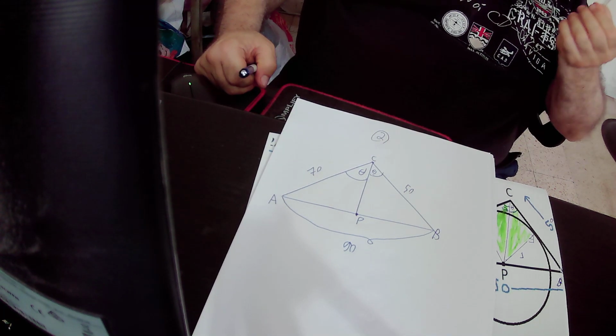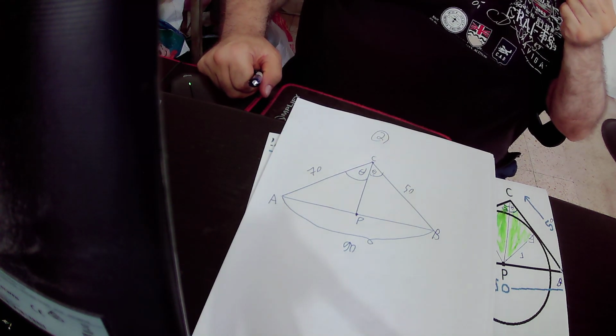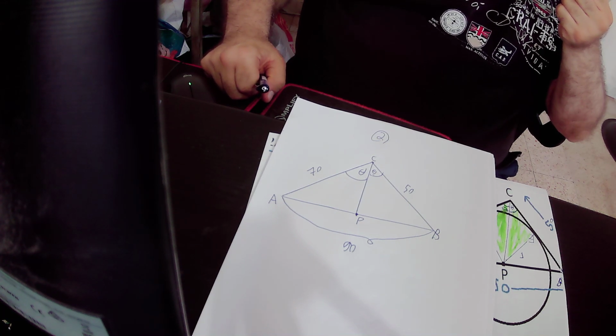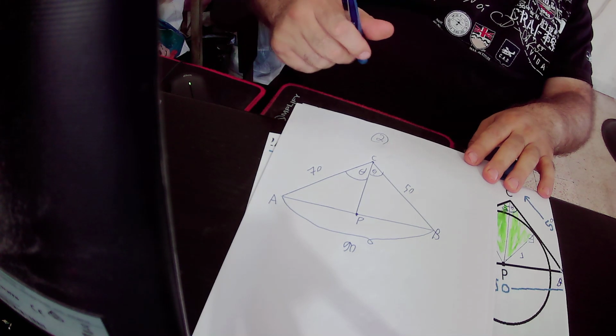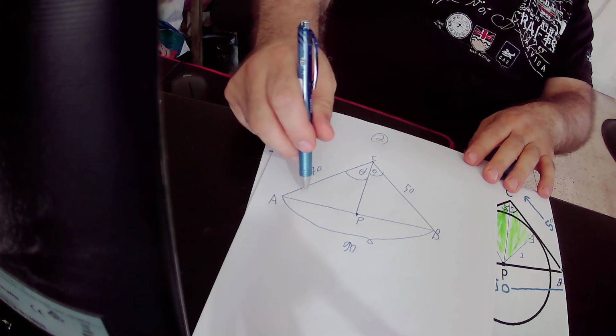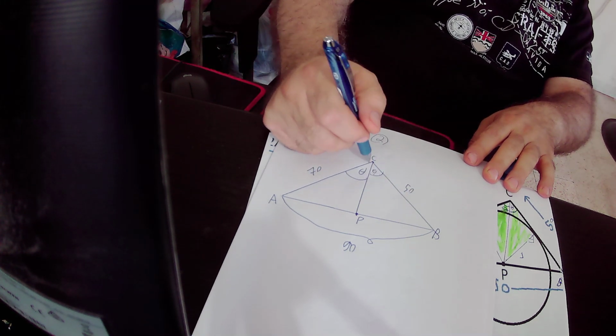So this bisector divides the side that it hits.